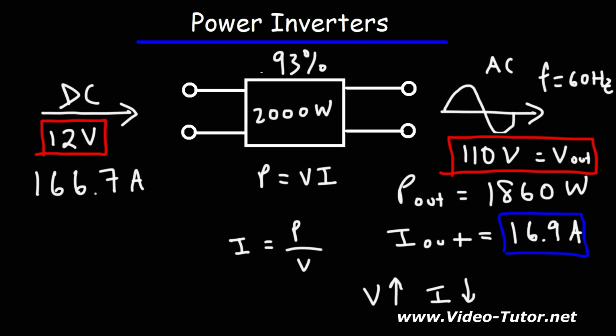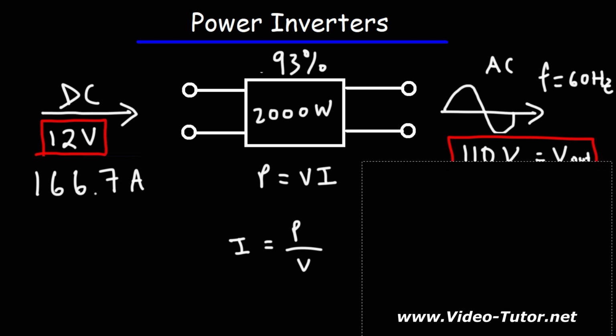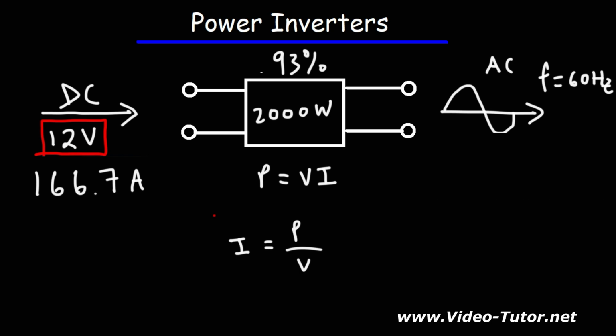Now, not all power inverters will generate a pure sine wave. Some inverters will create what is known as a modified sine wave.